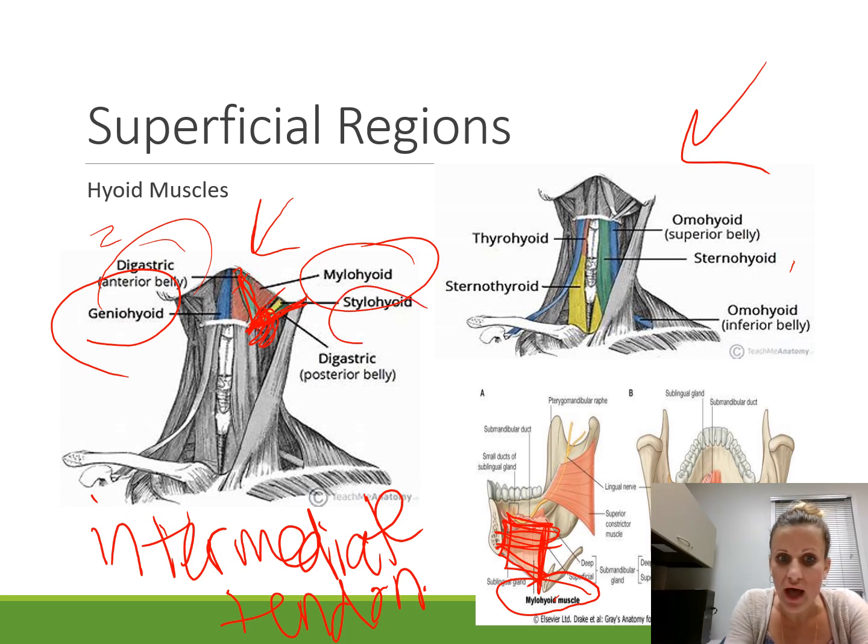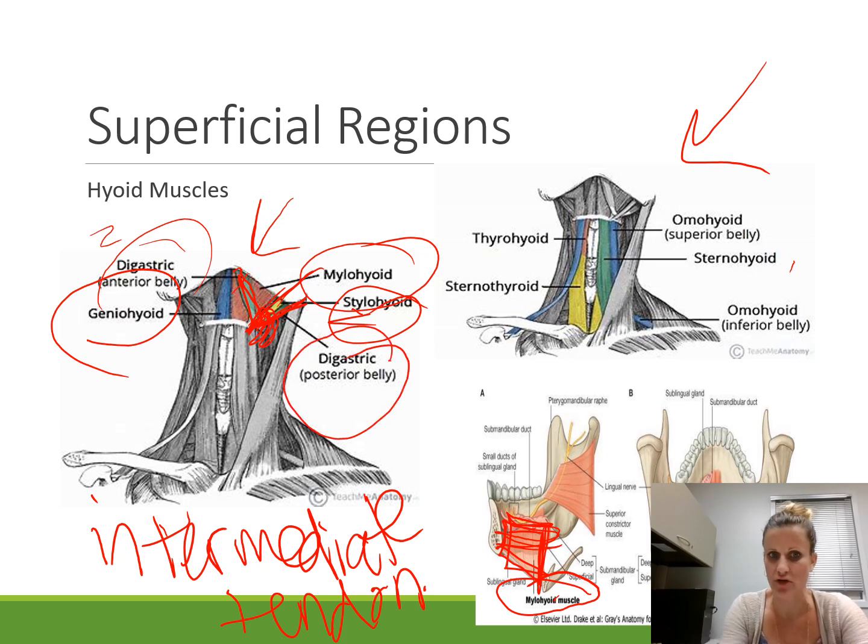The stylohyoid, sorry, I colored over it, but it's this yellow one here. Stylo as in the styloid process, and hyoid as in the hyoid bone. Okay, and then again, the posterior belly of the digastric.